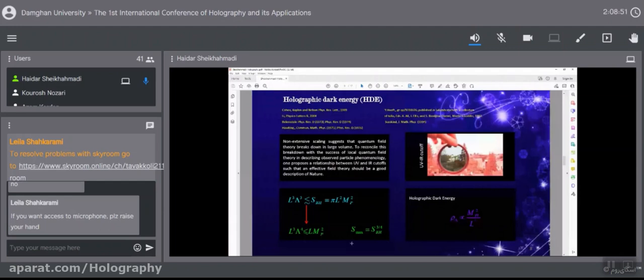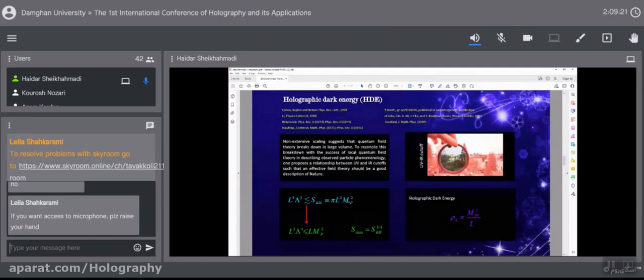In some sense, one can consider the maximum entropy as S of the black hole. Maybe I will show it in the next slide. Maybe they made a blunder here in these definitions.